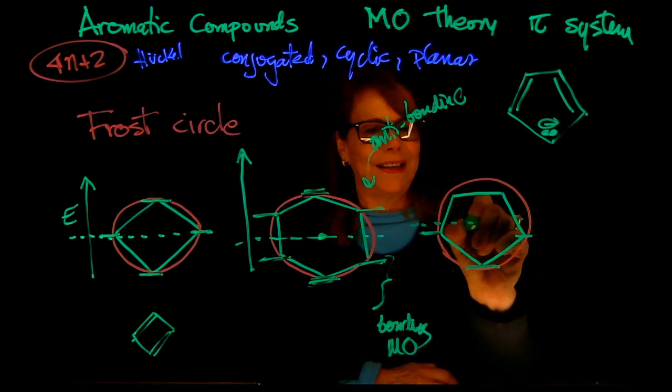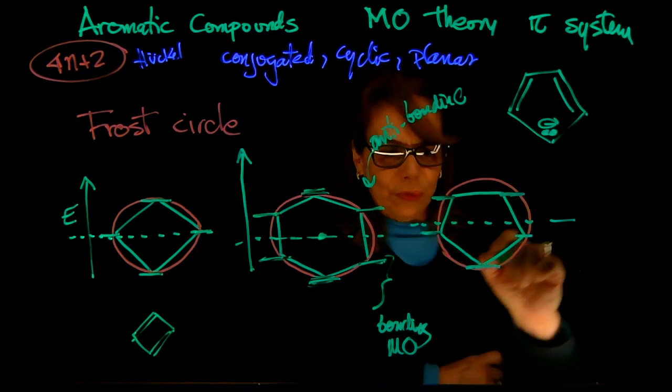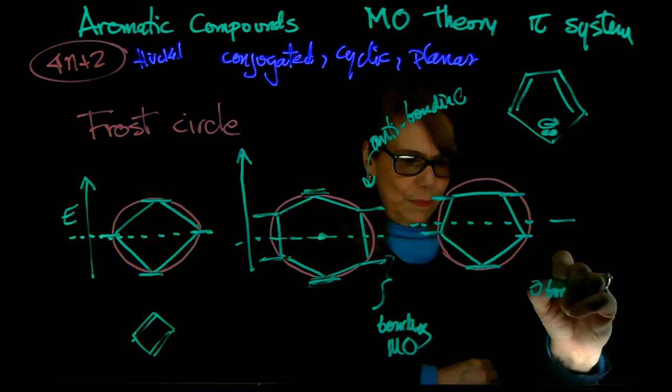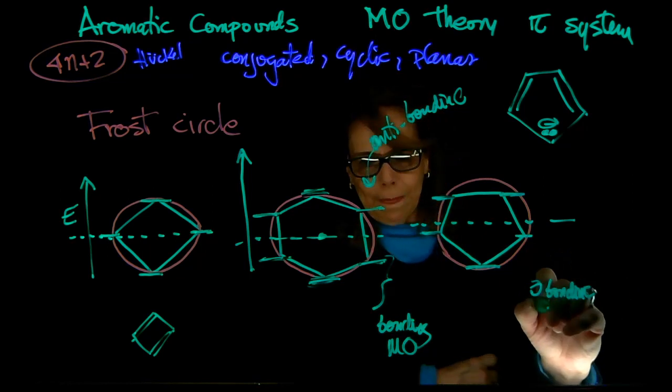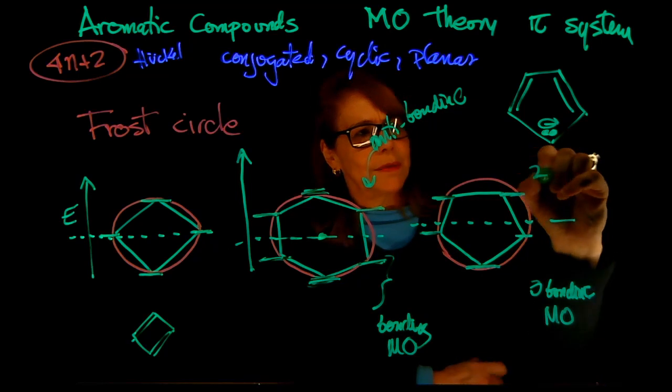So here the line goes about that, and we will have 3 bonding molecular orbitals and 2 anti-bonding.